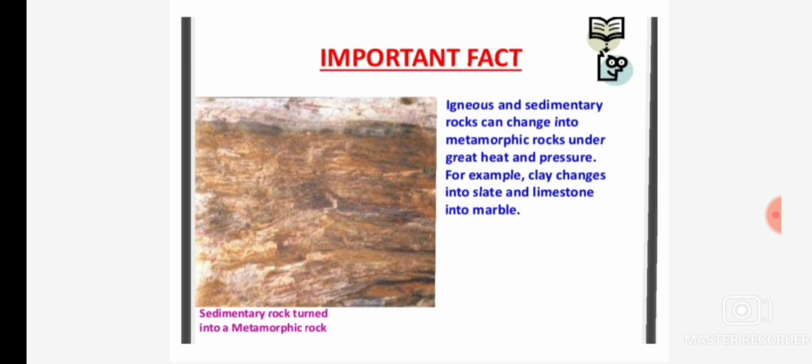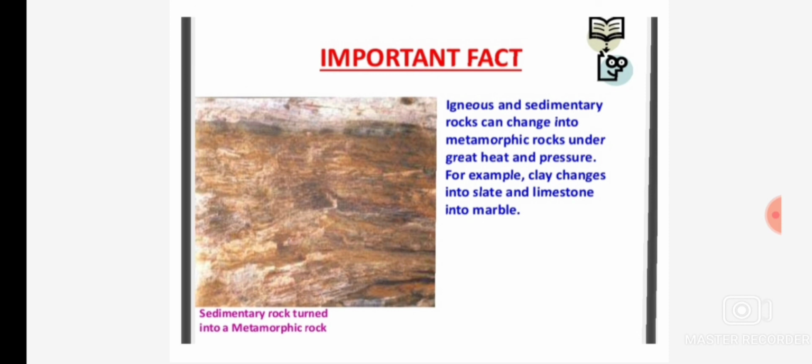And how does it happen? It happens because of great heat and pressure. The heat they receive from below the crust, from the mantle, and the pressure they receive from the upper layers which are on those rocks.